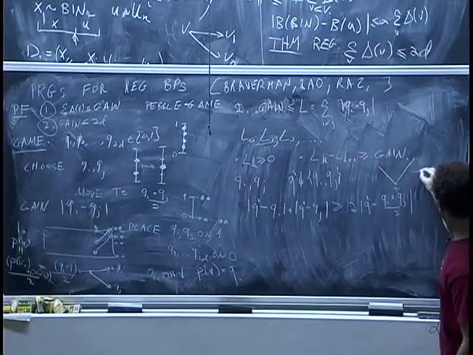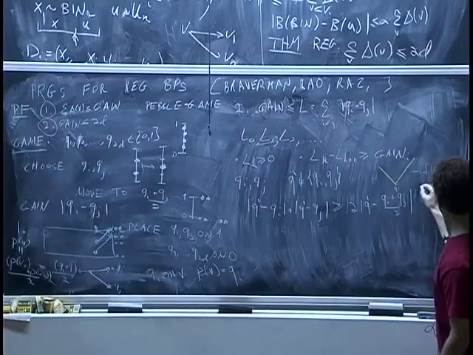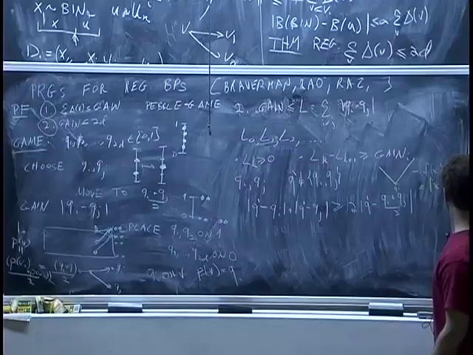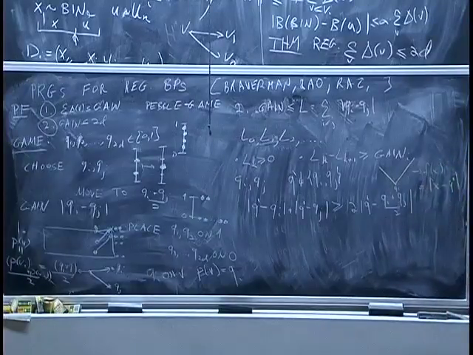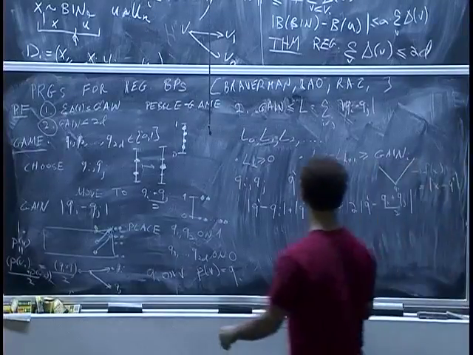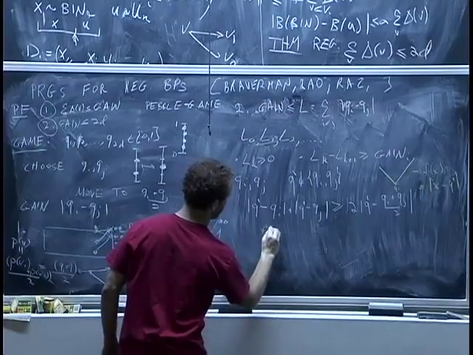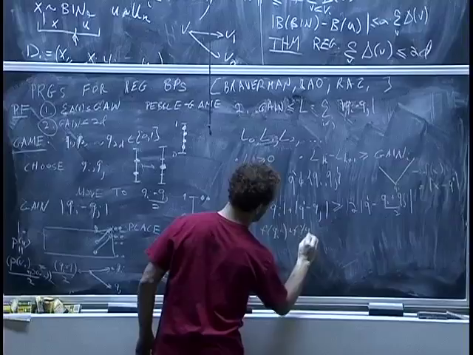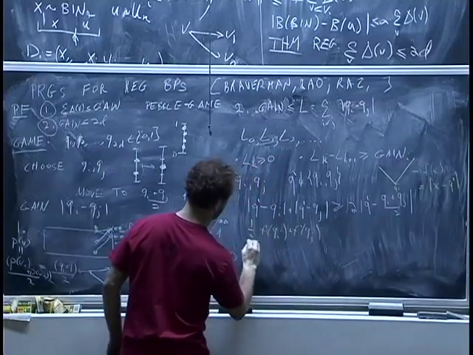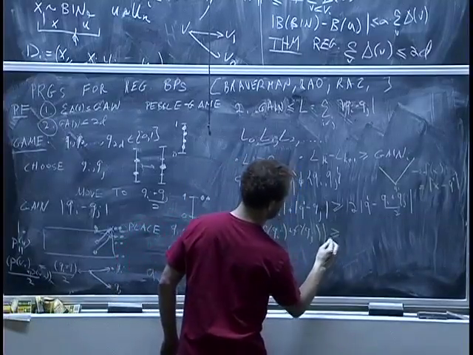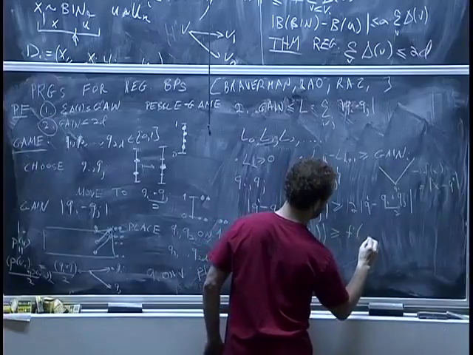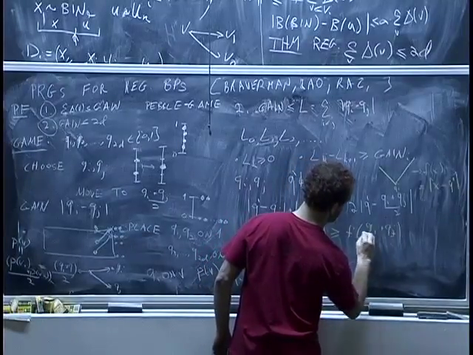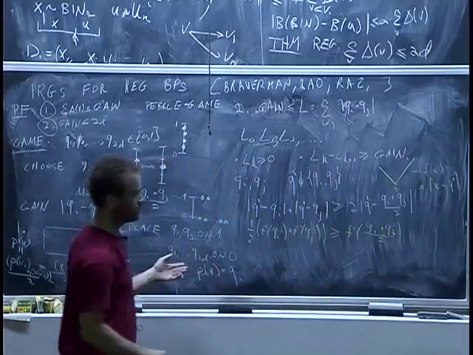If we define f of x to be the absolute value of x minus Q prime, which is this function, then what is written here is that f of Qi plus f of Qj is at least 2 f of Qi plus Qj over 2.